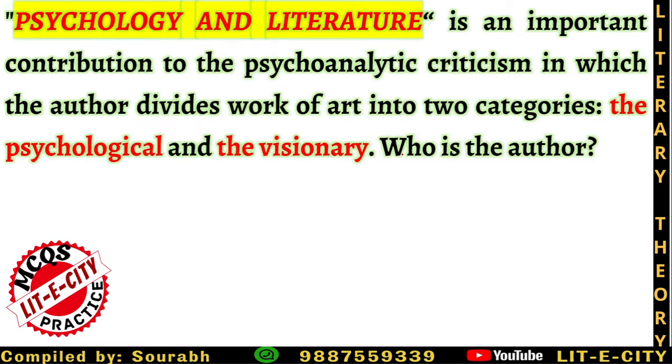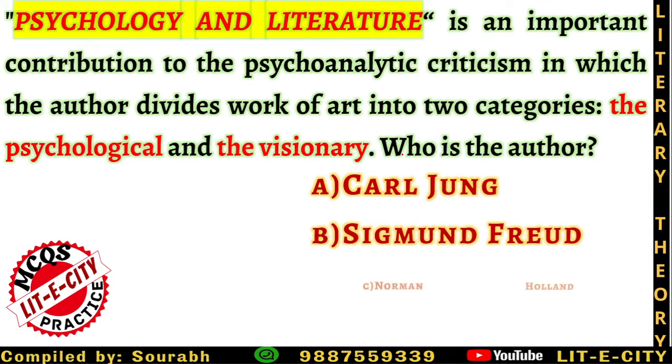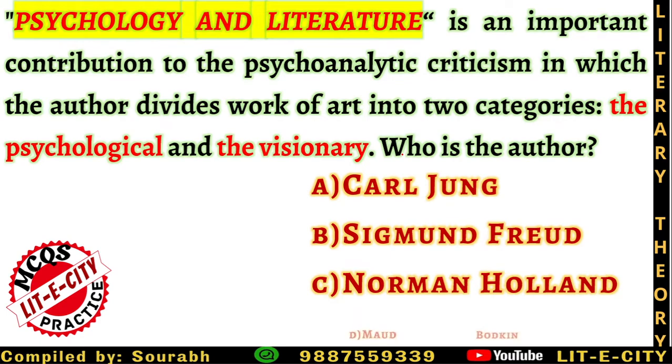The next question says that Psychology and Literature is an important contribution to psychoanalytic criticism, and in this particular essay the author divides works of art into two categories, the psychological and the visionary. Now, who is the author? Our options are Carl Jung, second one is Sigmund Freud, third one is Norman Holland, and the last one is Maud Bodkin.